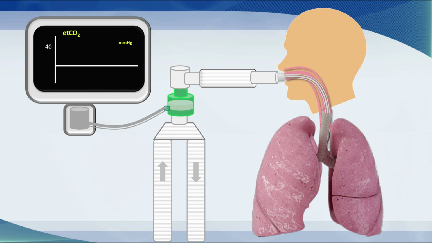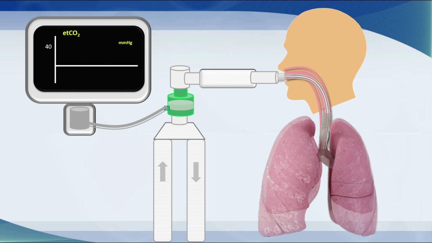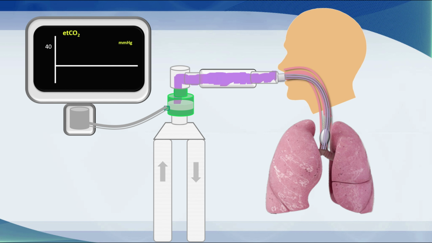When the patient exhales, gas flows out of the endotracheal tube or a laryngeal mask into a heat and moisture exchanger or equivalent system, where part of the expiratory flow is sampled by a clear plastic tube and delivered to the monitor via a water trap. The monitor displays a graphic waveform of inspiratory and expiratory CO2 and a number indicating end tidal CO2.